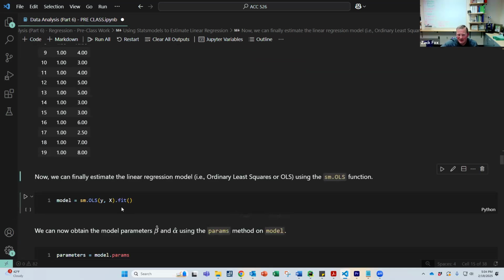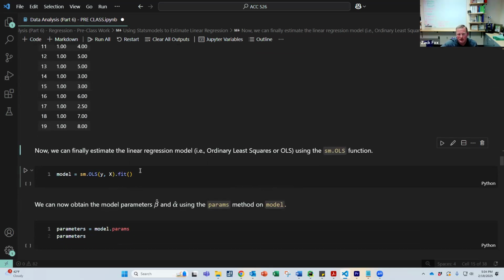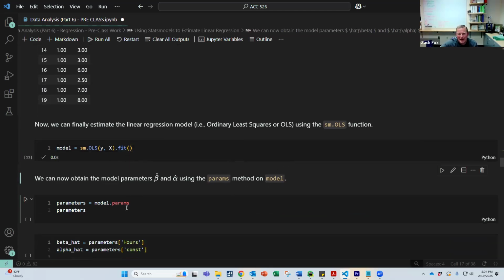So now we can finally estimate the linear regression using the sm.OLS function, okay? We also need the .fit in here to help find the beta hat and the alpha hat of our regression model. Okay, so let's run this. We can now obtain those model parameters using the params attribute on model.